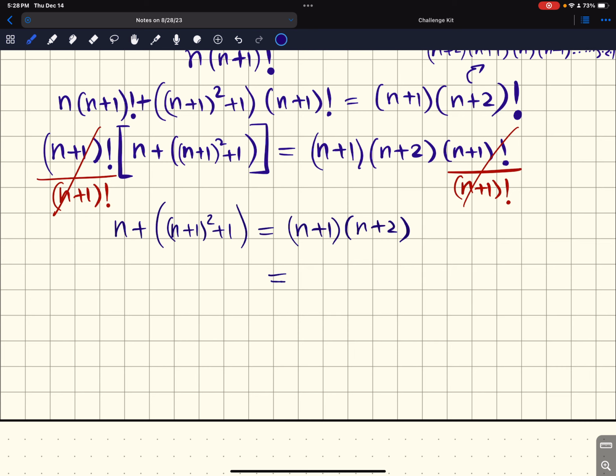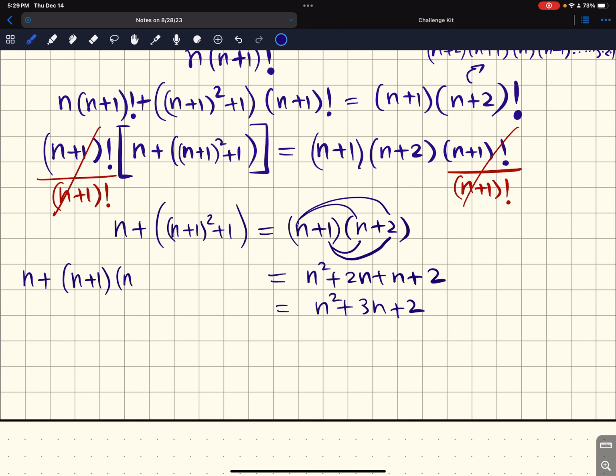Once you FOIL it on the right hand side, you end up getting n squared plus 2n plus n plus 2, which is n squared plus 3n plus 2, right? And then on the left hand side, you end up getting n plus 1 times n plus 1 plus 1.